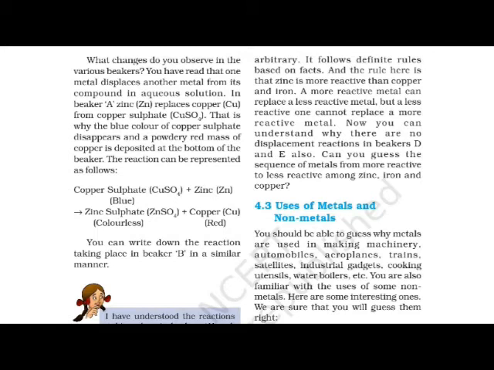One rule that we are going to talk about here: the displacement reaction can take place only when a more reactive metal replaces a less reactive metal.